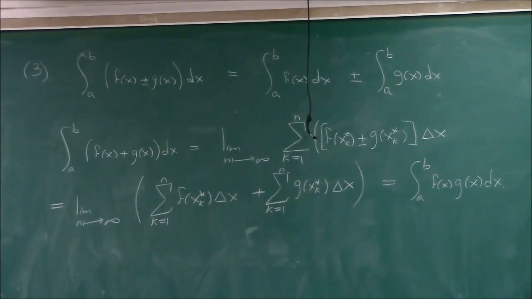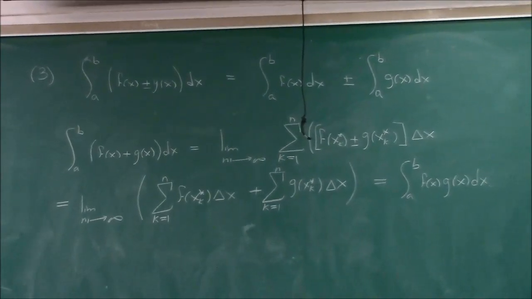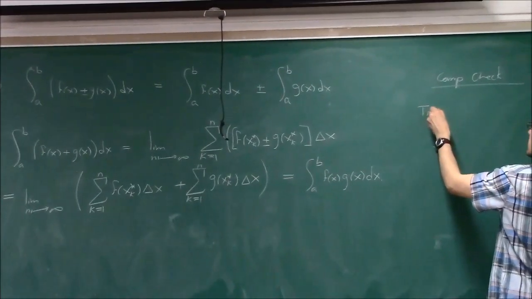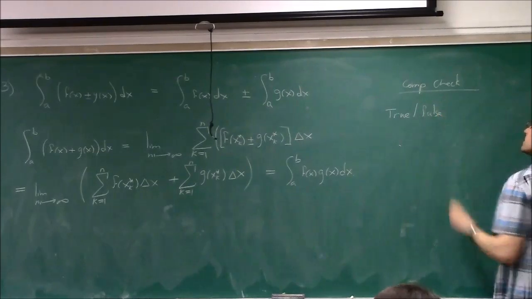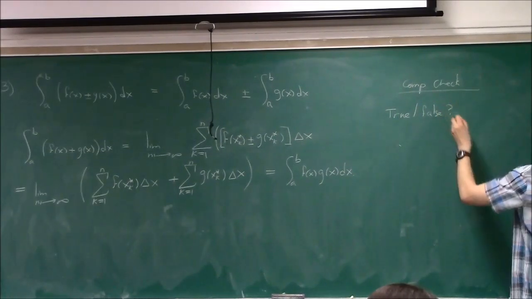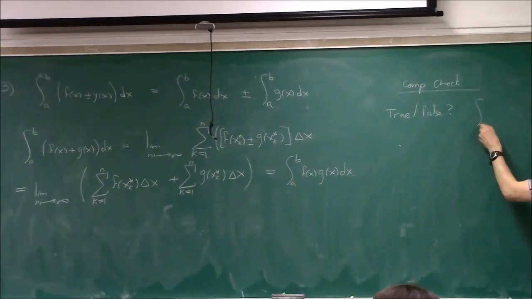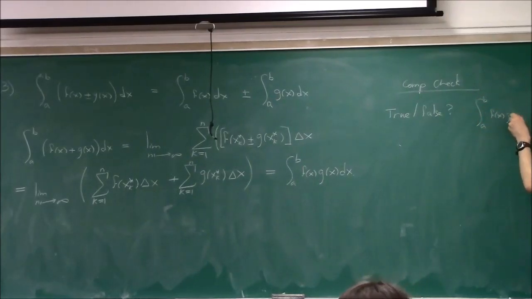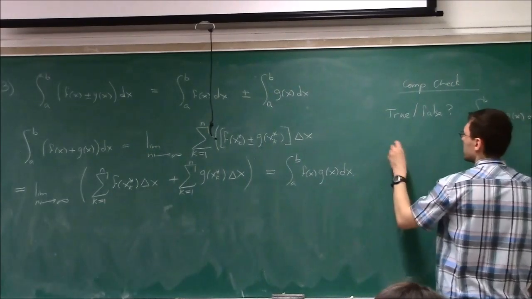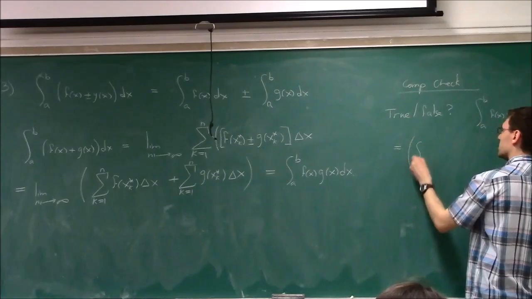All right, quick comprehension check. See if you follow what happens here. True or false? The integral from a to b of f of x times g of x dx is the product of the integrals.